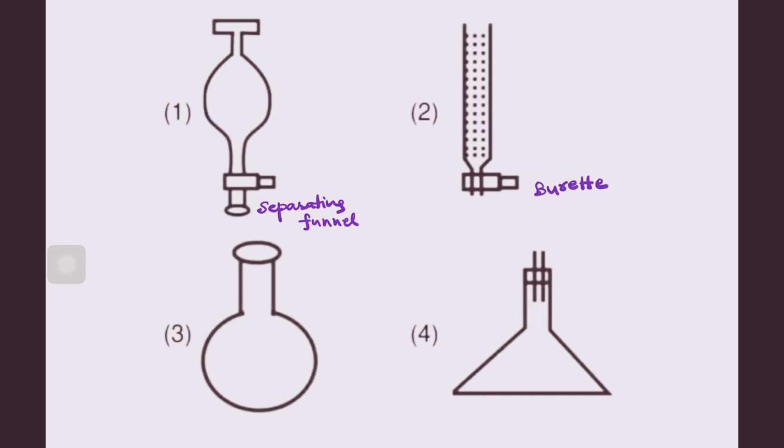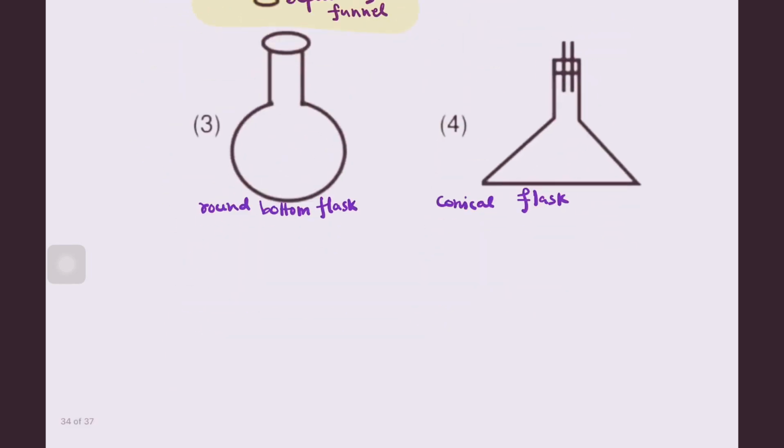The third one is a round bottom flask. And the last one is a conical flask basically. So the correct answer should be the first one. Let's move to the next one.